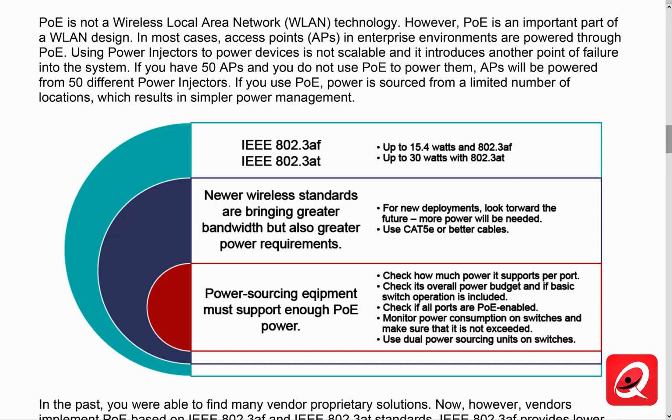The positive voltage would run, if I'm not mistaken, this is going way back, on pins 4 and 5, because 1 and 2 and 3 and 6 were used for transmit and receive. So the positive would have run on pins 4 and 5, and the negative would have run on pins 7 and 8. Alternative A, that was Alternative B. Alternative A would have transmitted the power on the same wires for the 10 meg and the 100 meg versions as well.